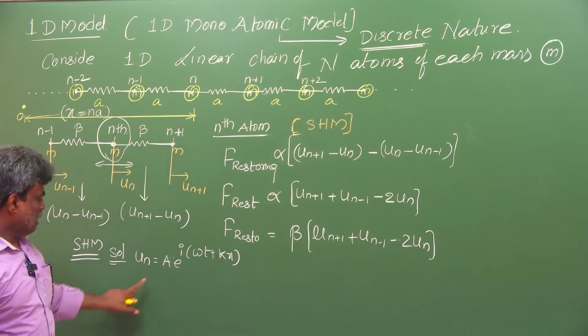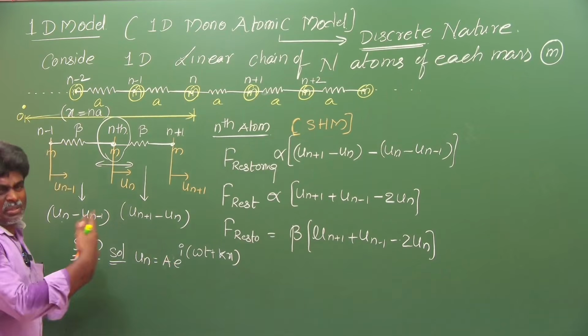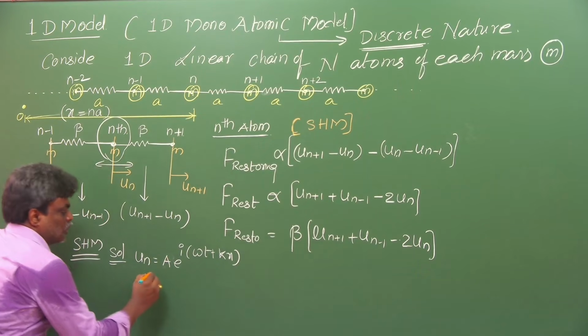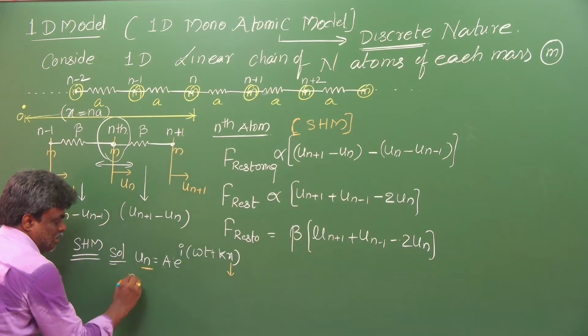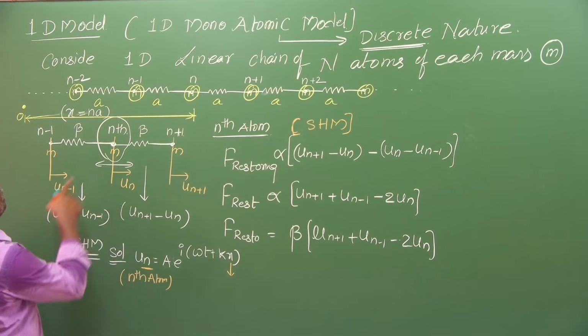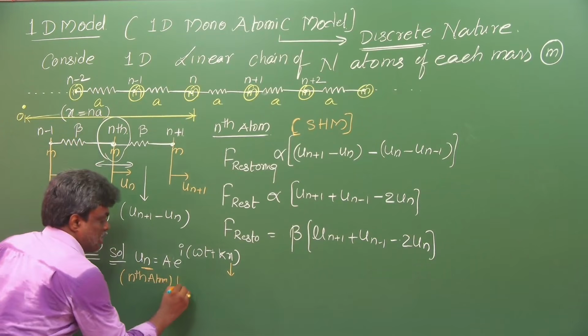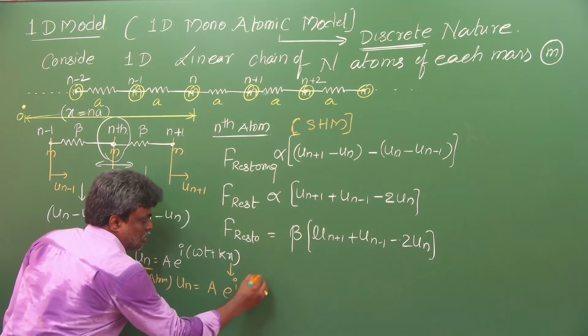Anything you can take, a e raised to i(omega t minus kx) or plus kx, no issue, don't worry. I already told you which atom it is. For the nth atom, what is the distance? Come on.